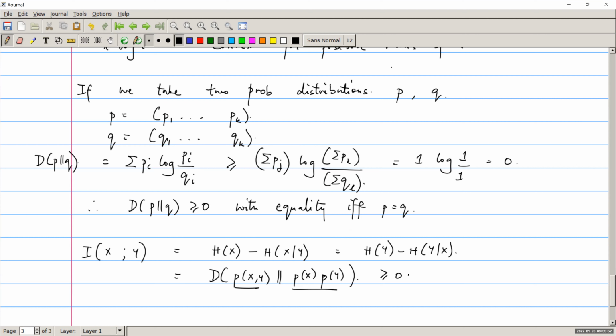So if you observe one random variable, the amount of information it tells you about the other is always greater than or equal to 0. And it is equal to 0 when the KL divergence is equal to 0. That means that the joint distribution is the product of the marginals, that X and Y are independent.